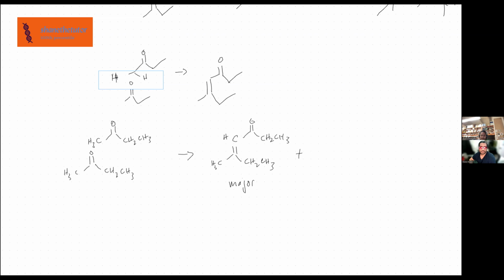My guess was that the minor one would be the product that would happen if it were under thermodynamic control, which would be the most substituted carbon, so the alpha carbon's hydrogen being deprotonated.